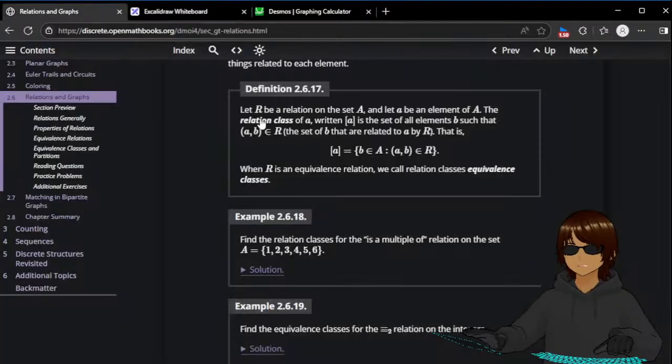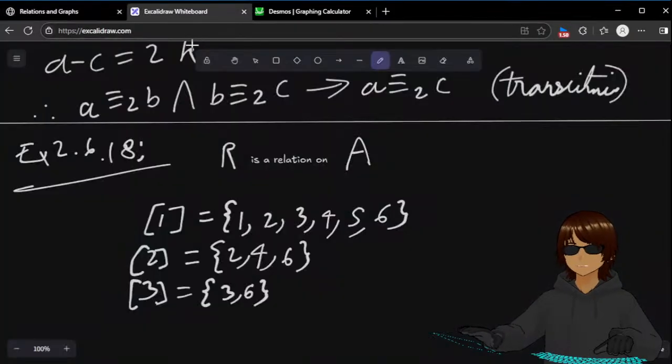Wait, am I getting this wrong? Is a multiple of. No, no, I think it's the other way around.